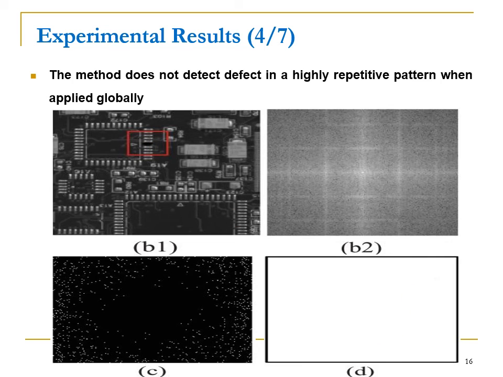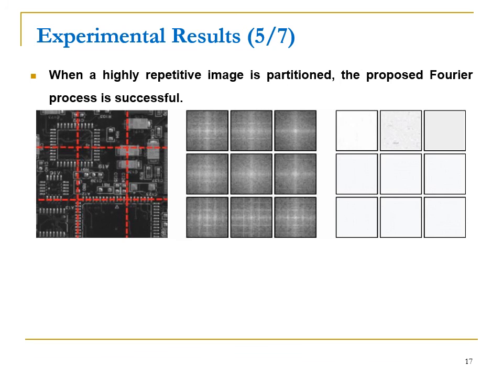So what is the solution? The solution is to partition the repetitive image and then apply the proposed Fourier technique to each of these partitions. We can see here they have partitioned their original image into 9 sub images, and the middle sub image in the top row contains the defect, as will be visible in the next slide.